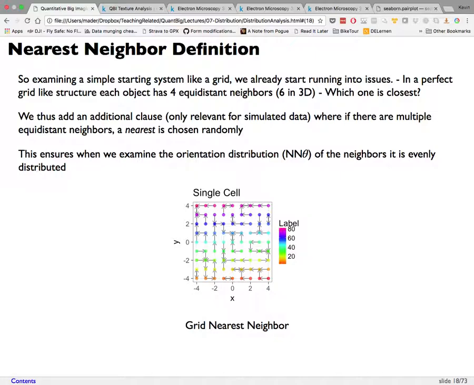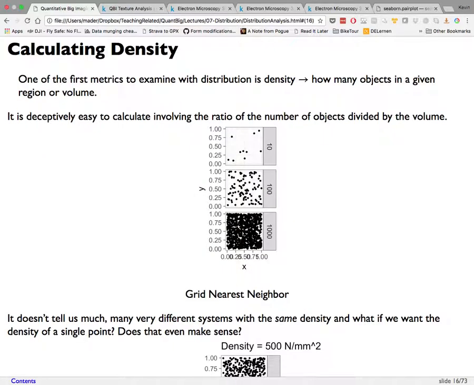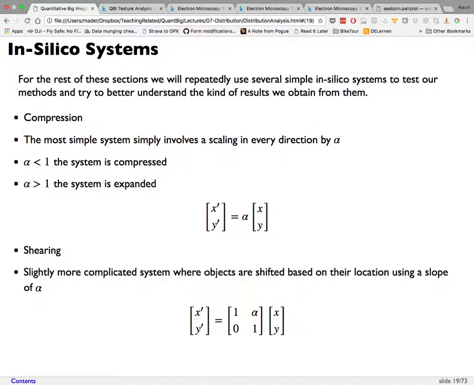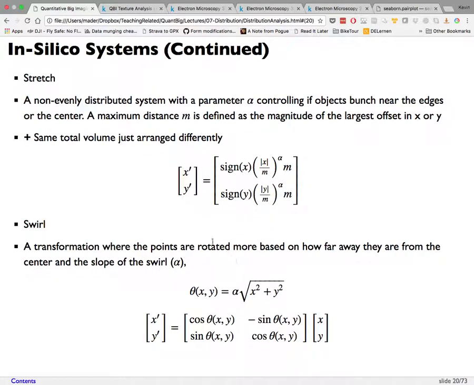But if you don't have some framework for interpreting this result, it will be very difficult to say what that means. So here we've introduced a set of things that we know are very easy, like compression, shearing, stretching, swirling, and we show how they affect a system that is very simple and that we understand, and what changes in the parameters we have afterwards.